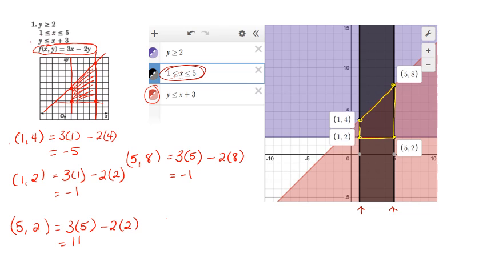All right, so here are all my different values. Now I'm going to pick my maximum and my minimum. 11 is my maximum. If I was looking for the maximum, that would be finding your maximum profit or whatever you're trying to maximize. And then this would be my minimum.